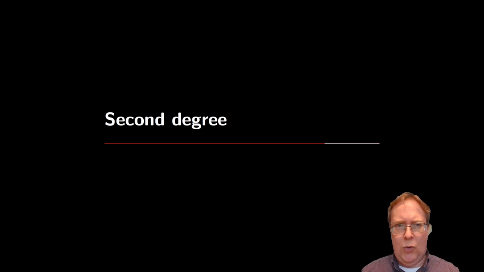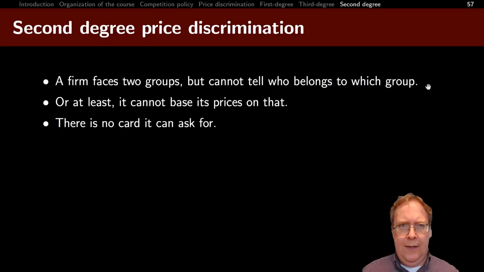Finally, let's look at second degree price discrimination. As I mentioned already, that is the case if a firm faces two groups, but it cannot tell who belongs to which group, or at least it cannot base its prices on that.